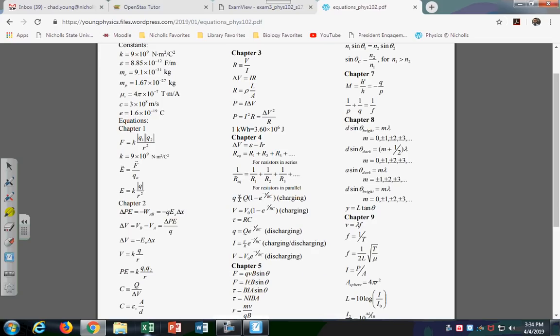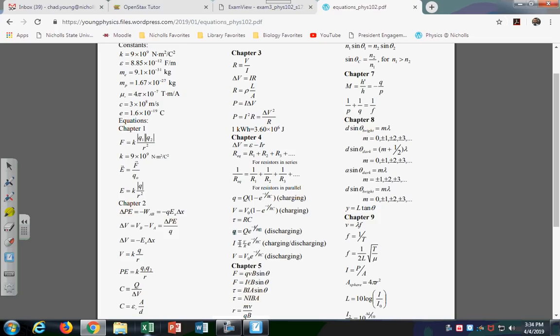So for example, the charging, that is a growth function, right? That looks like this. Whereas this discharging function right here is the declining function that looks like that, the decay function. But current is both ways. So charging or discharging, it's going to be a decay function.